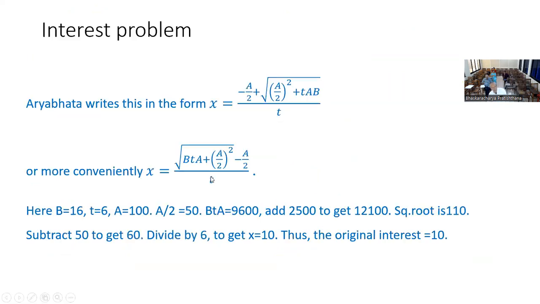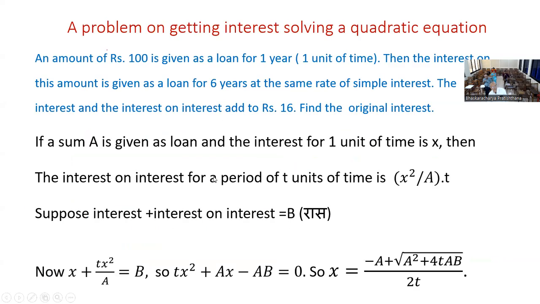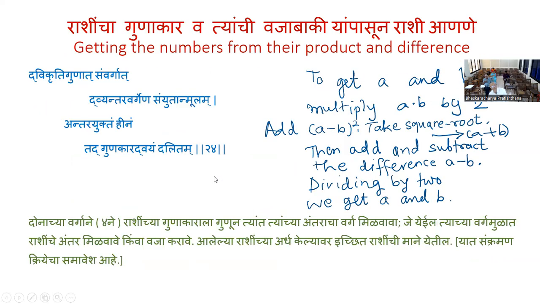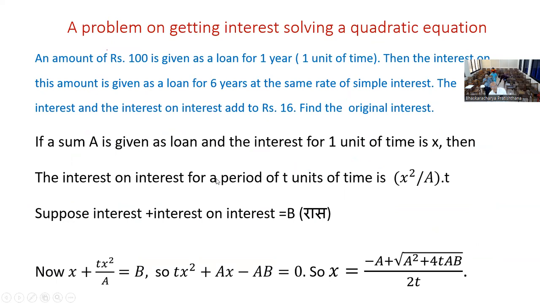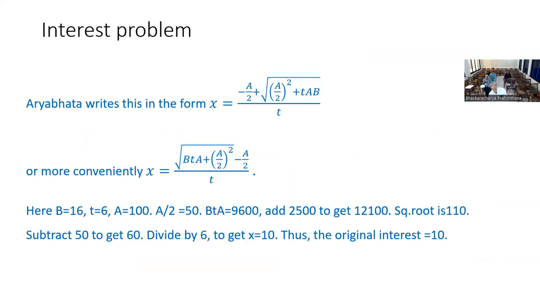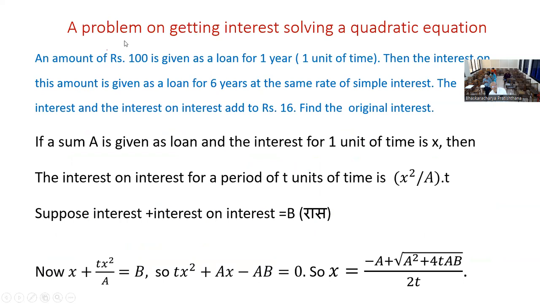So let me go to that problem. Right. This is Mula Phalam. Phalam means whatever value of the function that we are considering. So our function is getting the interest on the original sum.